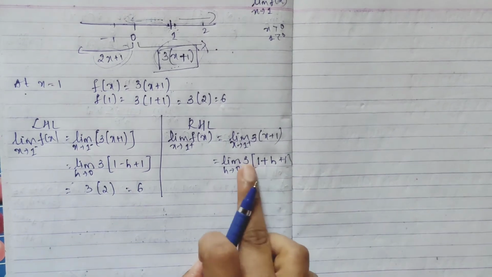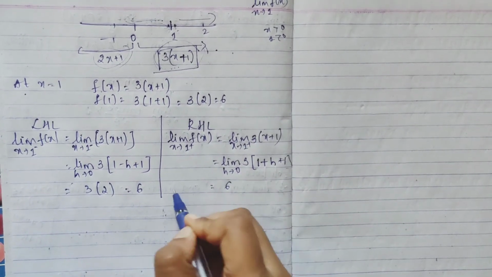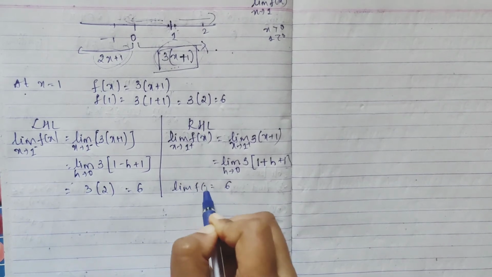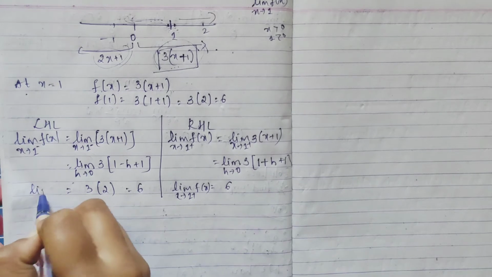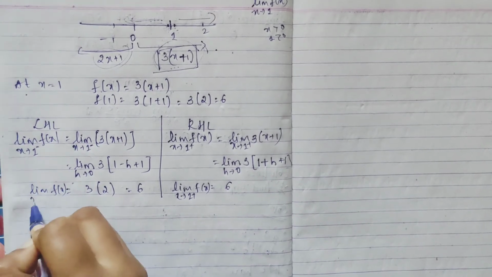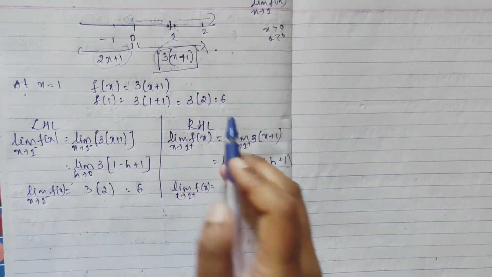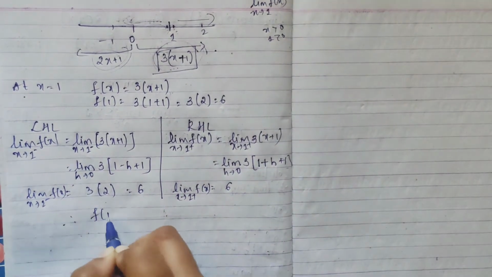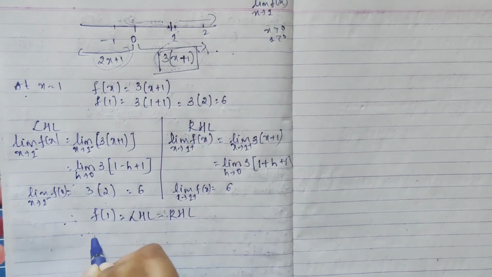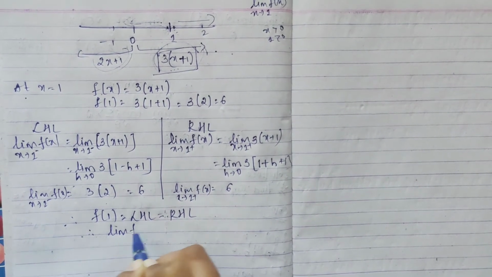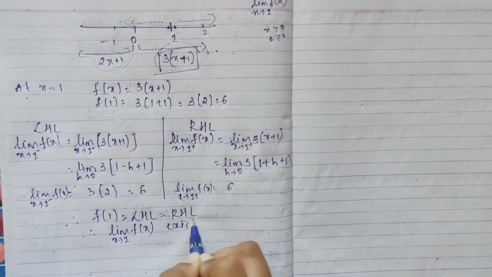When h tends to 0, substitute h as 0, and you will get the same, 6. So you can see your LHL and your RHL at x equal to 1 give the same value, 6 and 6. Therefore you can write f of 1 is equal to LHL is equal to RHL. Therefore limit f of x as x tends to 1 exists.